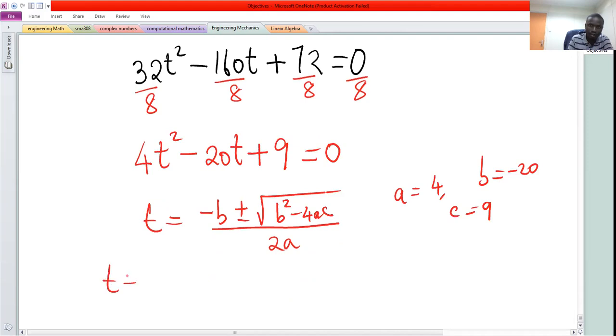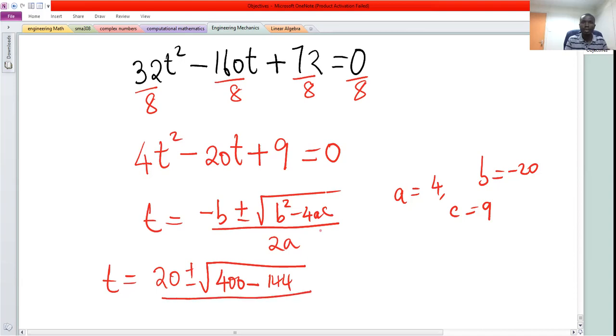So we'll have t equals to minus b will be 20 plus or minus b squared 400 minus 4ac. So 4 times 4 times 9, that's 144, divided by 2a, so that will be 8. So 20 plus or minus 400 minus 144, 256 over 8.